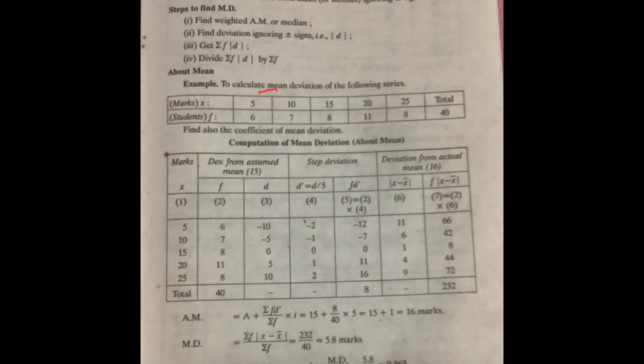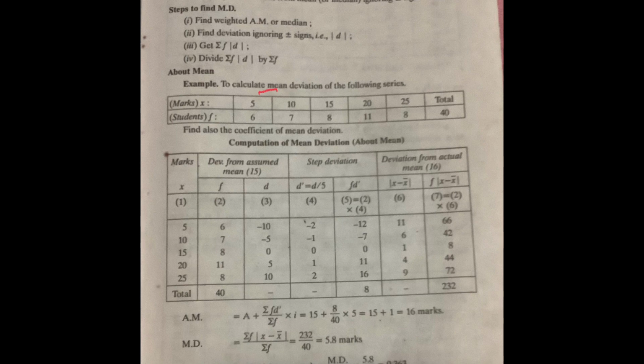First we have to compute mean deviation about mean and mean deviation about median. They have not mentioned which one we have to find. Since they have not asked specifically, we will do both methods.